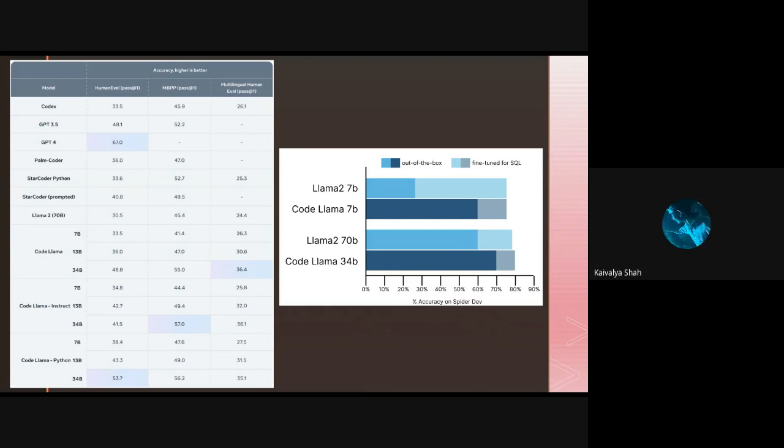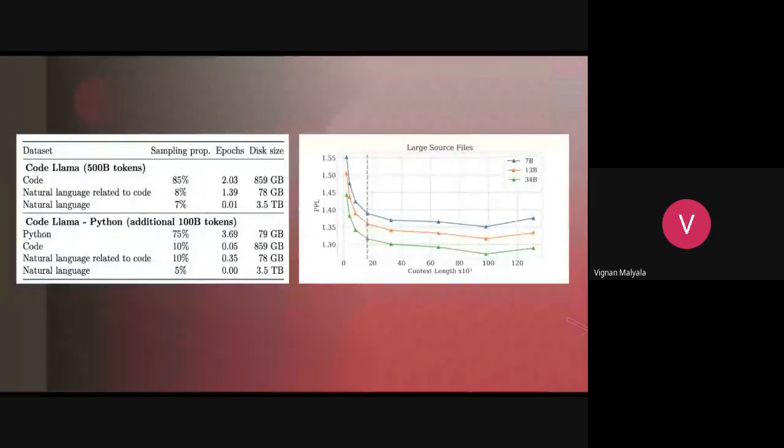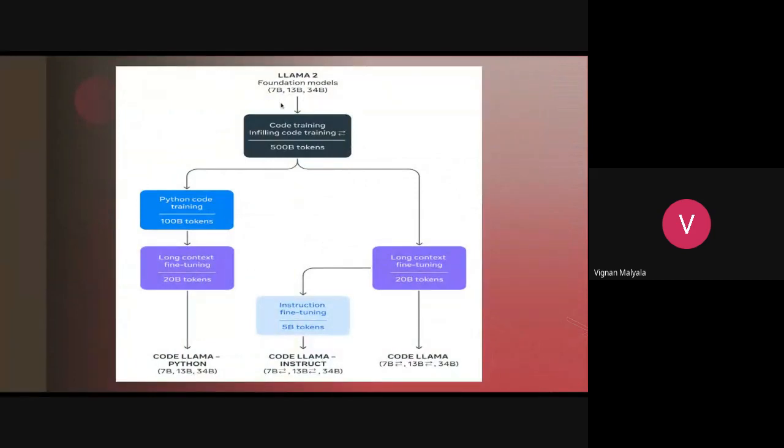Okay, and the Code Llama base is like 7B and 13B, similar to Llama 2. So has the base architecture changed, or have they just changed the fine tuning data set? It's just the fine tuning they have changed. Llama 2 is the base model, as I was showing here. Llama 2 is a foundational model, and on that they have done fine tuning with infilling code and Python code, long context tuning and instruction fine tuning.